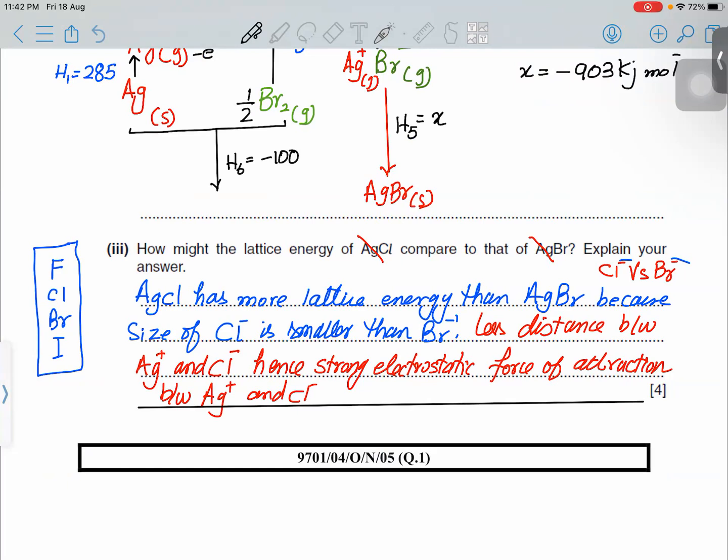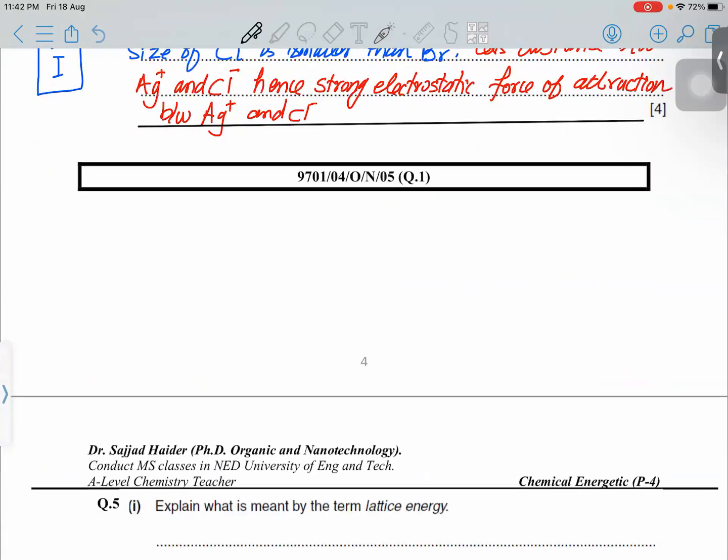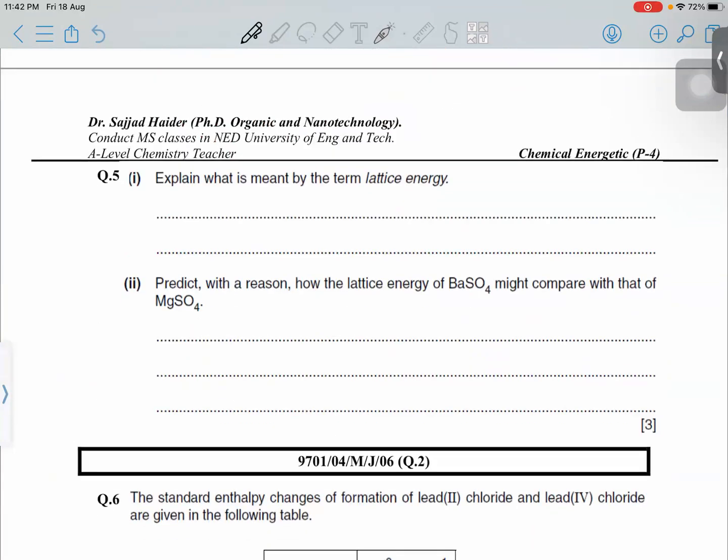So, next question. Define lattice energy. It's when 1 mole of an ionic compound is formed from gaseous ions. But try to start from the enthalpy change.